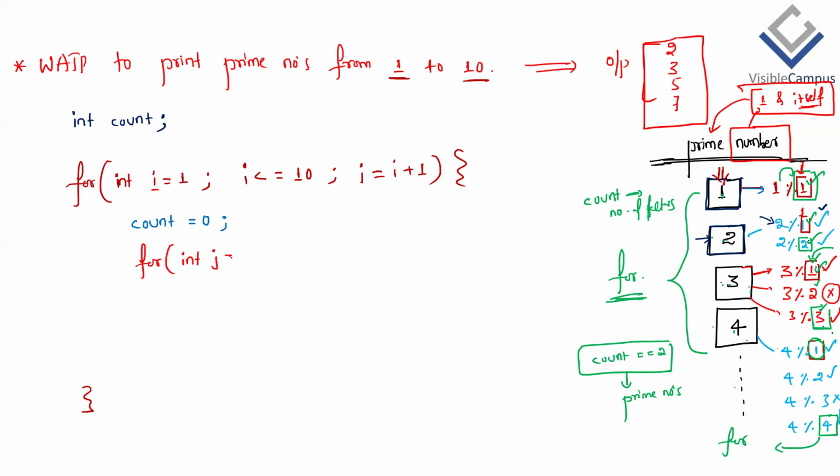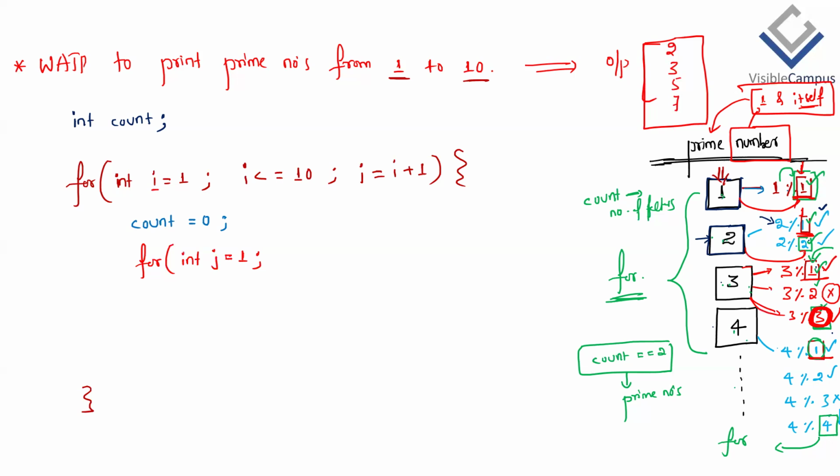j has to start from where? Every time from 1. The j loop has to start every time from 1. That's why j equals 1, semicolon. j has to end by what? By 10?